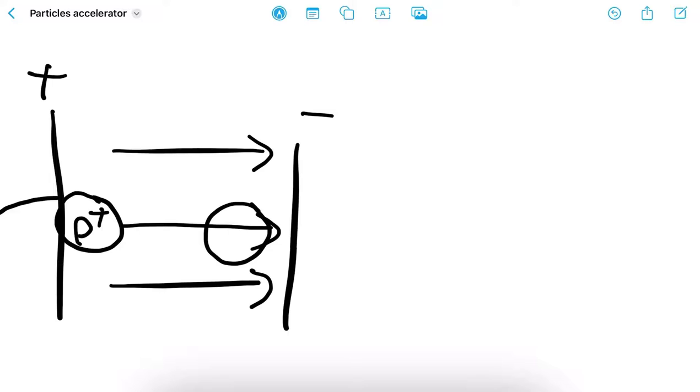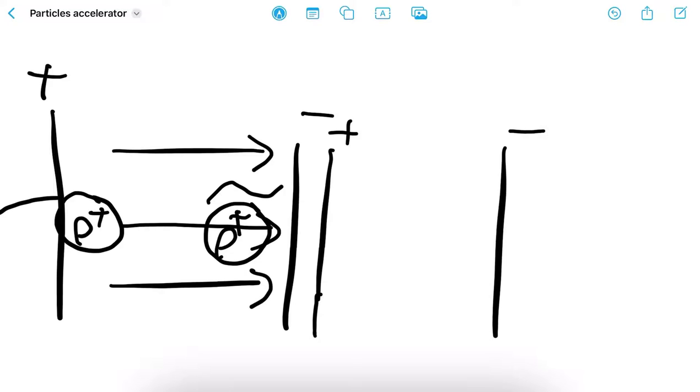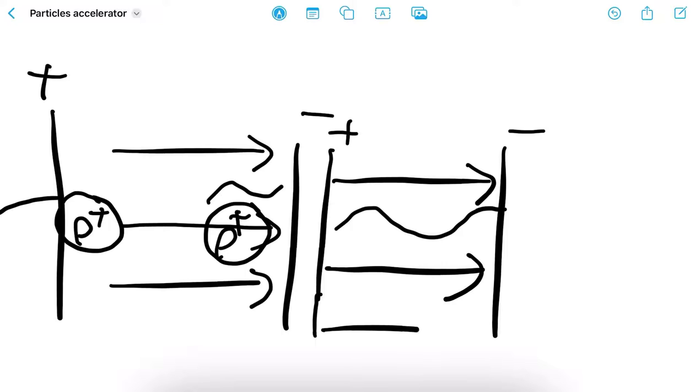And when the stream of protons reaches the negatively charged end, we can continue accelerating them by continuing the electric field.